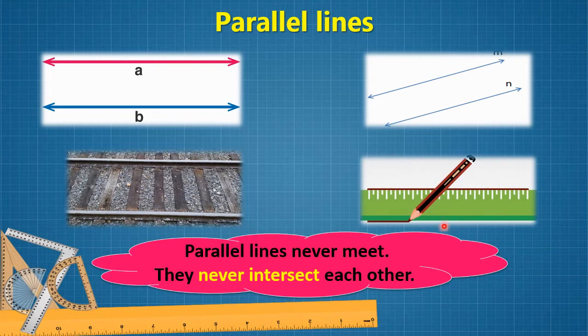The scale or the ruler that you are using for your maths construction, you can see the edges of the ruler is also an example of parallel lines. As you can see, they never meet each other and the distance between them is also constant throughout.